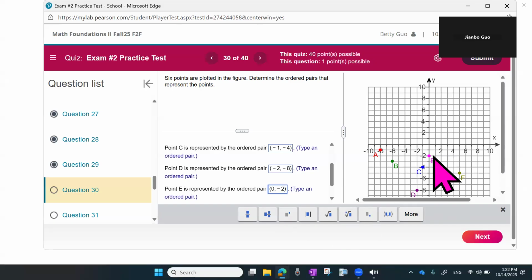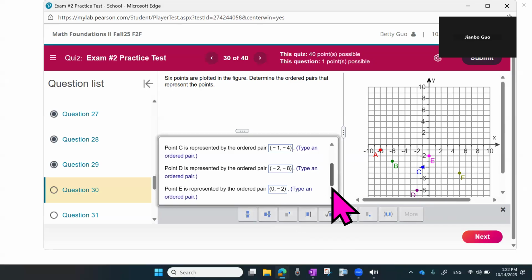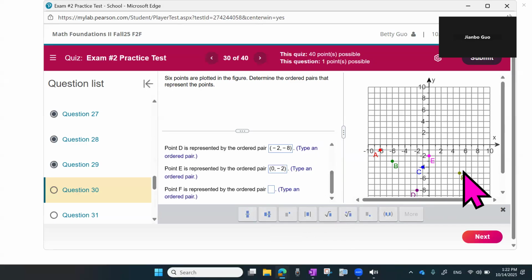Any point located on the y-axis has an x value of 0. Just remember that. The last one, F. F is in quadrant 4, so positive x, negative y. 5, comma, negative 5. I would say this is 1, 2, 3, 4, 5. Yeah, 5, comma, negative 5.